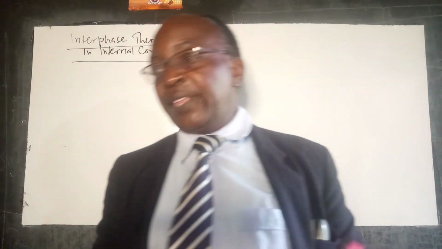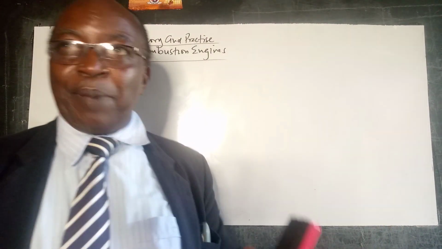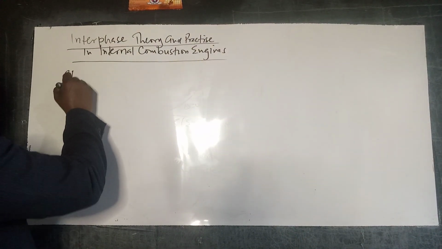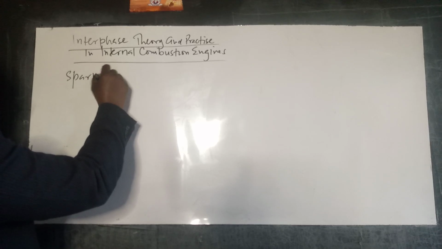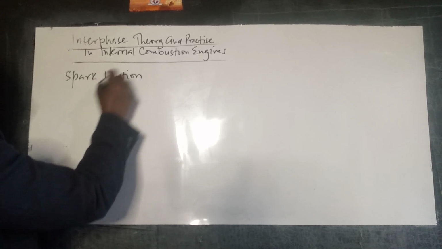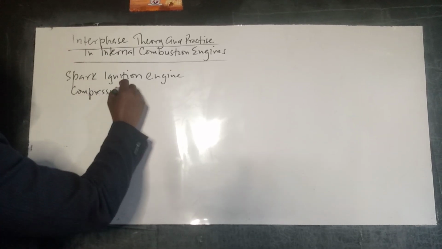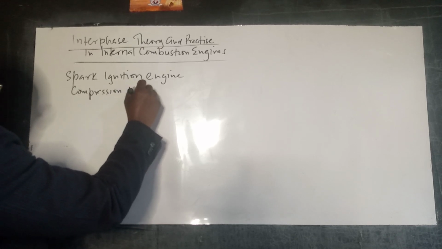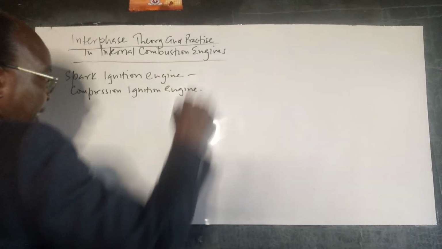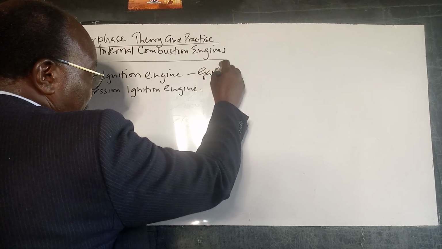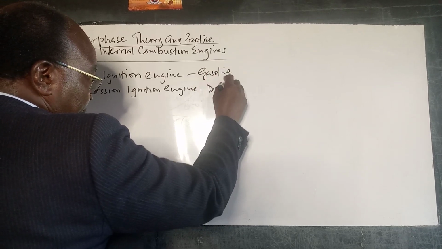Because remember, we have talked of the internal combustion engine, and we have said there's the spark ignition engine and the compression ignition engine. These are gasoline engines, and these are diesel engines.